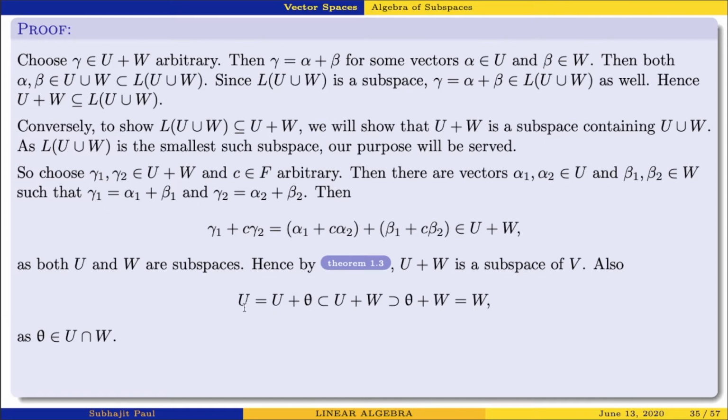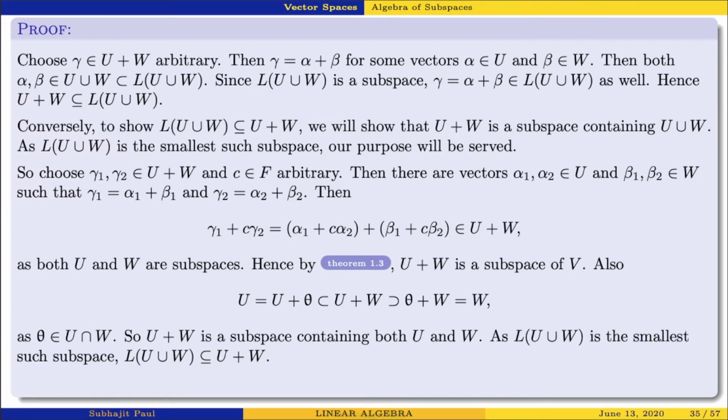So U is also contained in U plus W. W is also contained in U plus W, right? As theta belongs to both of them. Of course, theta, the null vector, belongs to every subspace. So U plus W is a subspace containing both U and W. As we said earlier, linear span of U union W is the smallest such subspace.